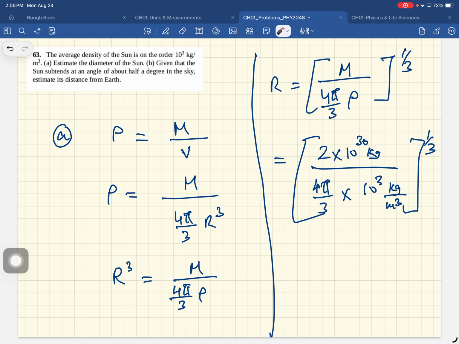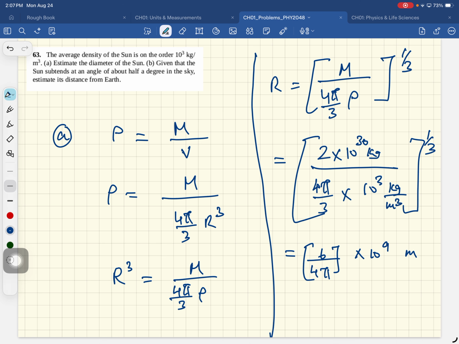So this becomes... so the Earth-Sun distance is 180 million kilometers.